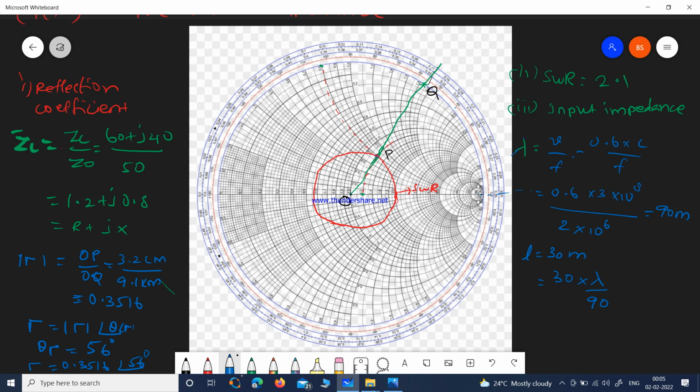So lambda by 3. You know that previously we have shown that lambda by 2 is 360 degree. One full circle is 360 degree. The lambda is 720 degree. So the length is 1 by 3 of lambda. So 720 degree divided by 3, I am getting 240 degree.